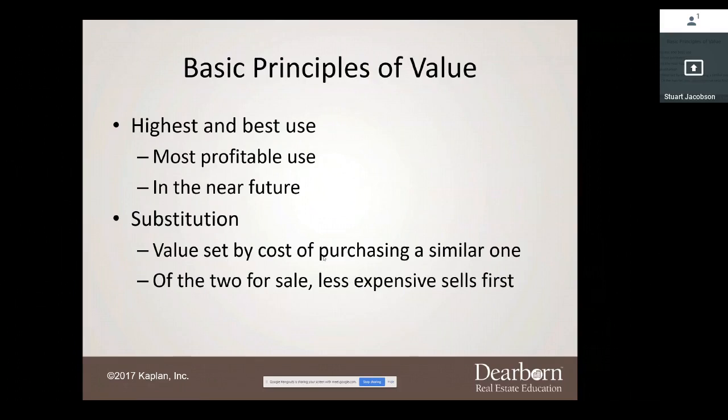So substitution: if two properties are similar, because again, we have said that there are no two exact properties, then the one that is priced less than the other one will sell first. That's the principle of substitution.